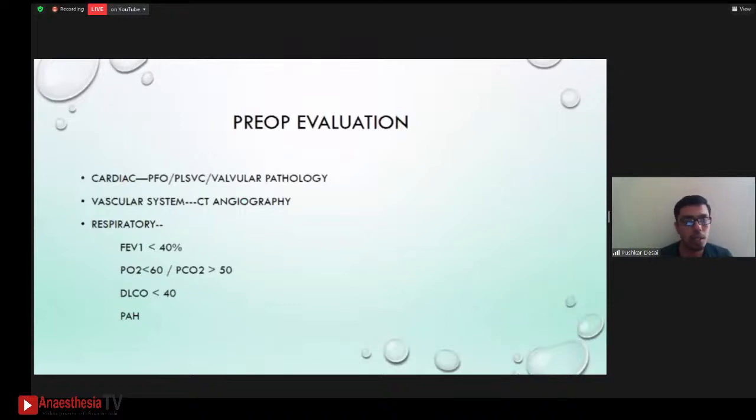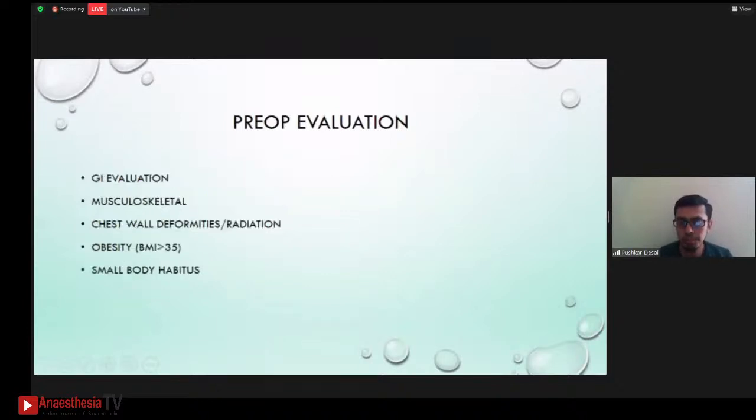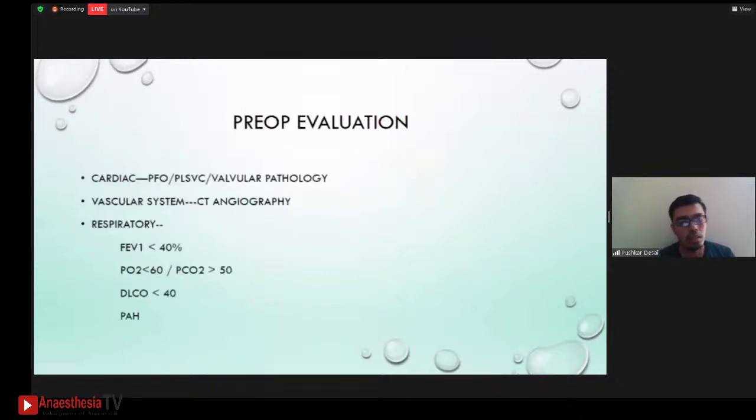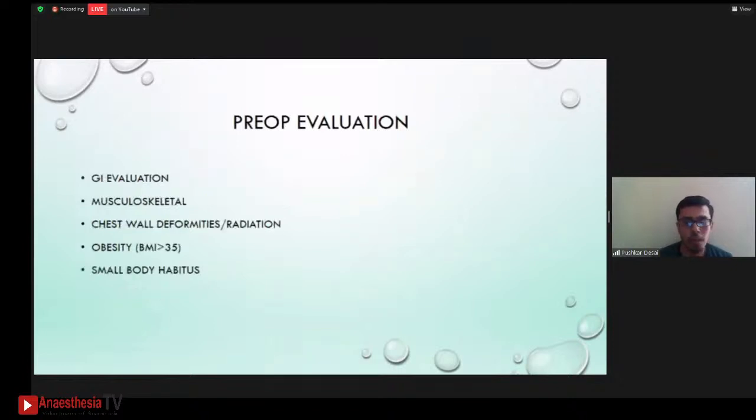Also, the presence of pulmonary artery hypertension is to be ruled out, because in the presence of one lung ventilation, life becomes much more difficult, as it increases the RV afterload.